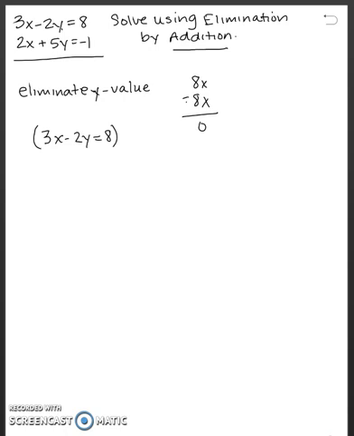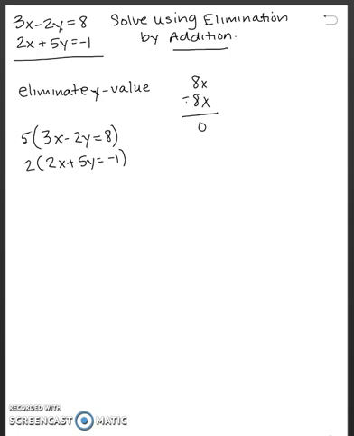The least common multiple for 2 and 5 is 10. So to get a negative 10 there as a coefficient on y, I'm going to have to multiply by 5. And then I'm going to multiply the second equation in the system by something that would give me that common multiple of 10 as the coefficient of y. So that would mean multiplying by 2.